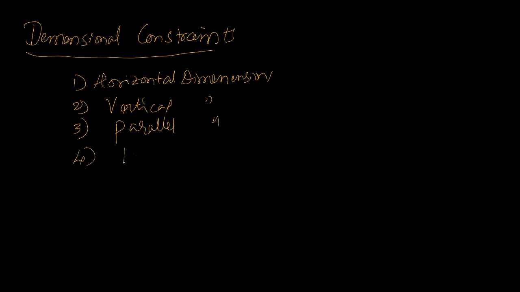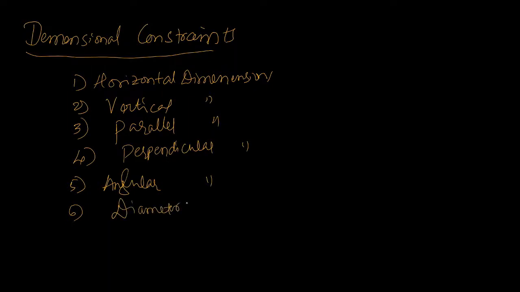Fourth one, perpendicular dimensions. Fifth one, angular dimensions. Sixth one, diameter dimensions, that is marked indicating diameter dimension. Seventh one, radius, and eighth one is perimeter.